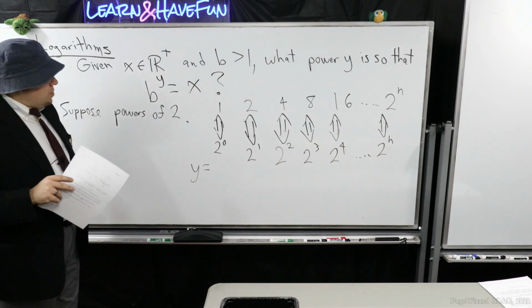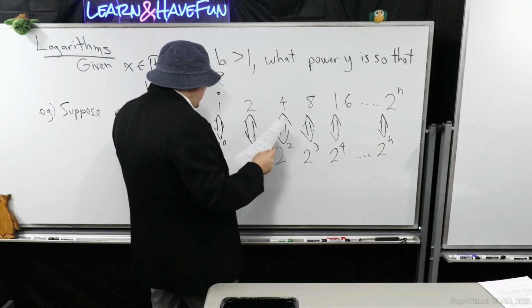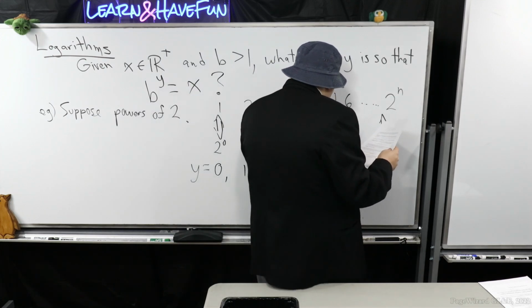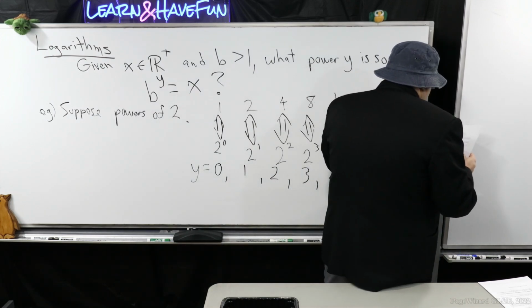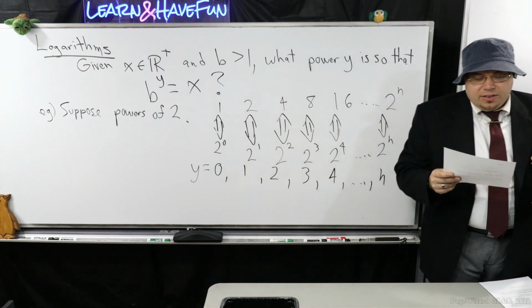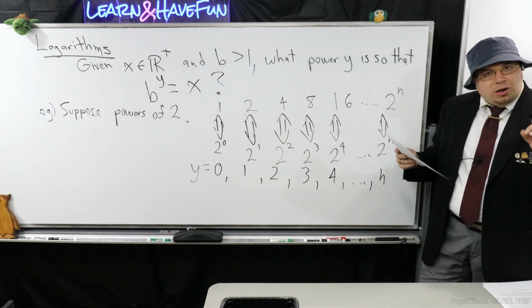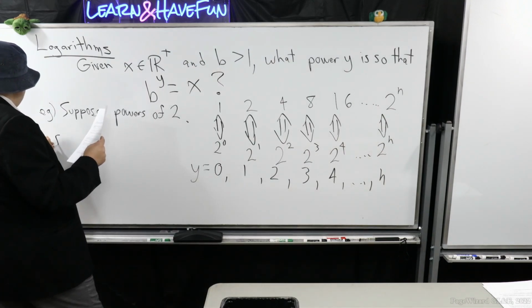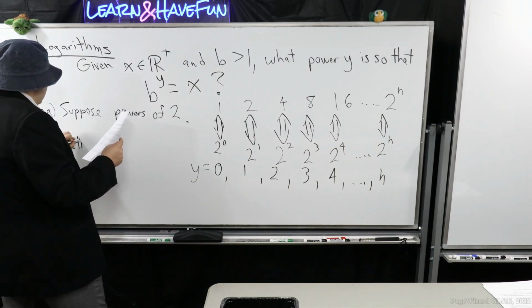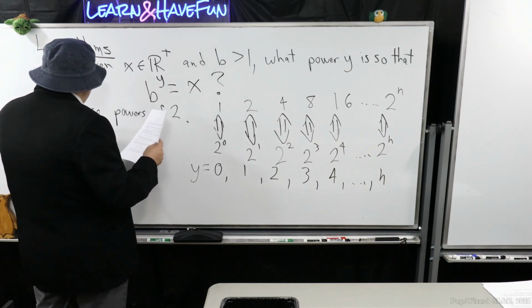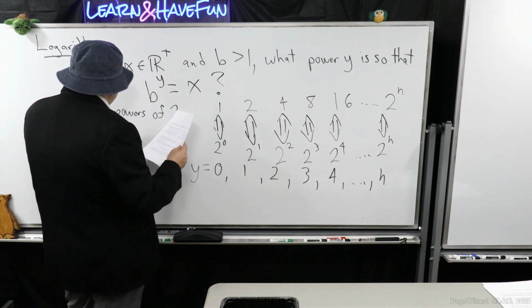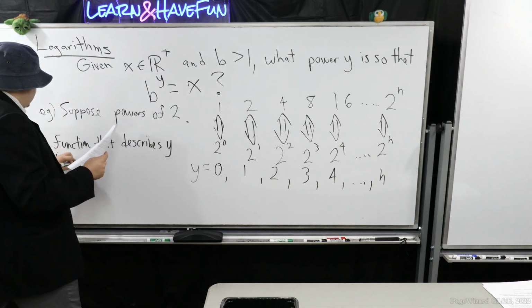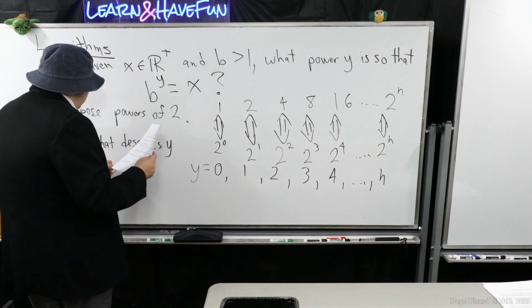Well, this would be 0, then 1, then 2, then 3, then 4, all the way up to n. So a function that describes y is called a logarithm.